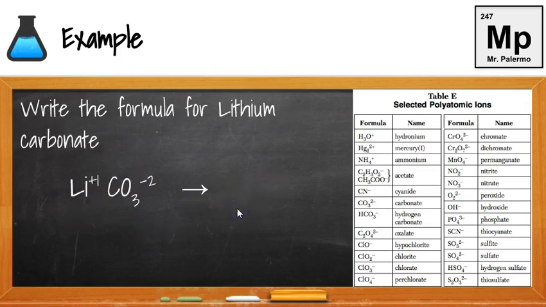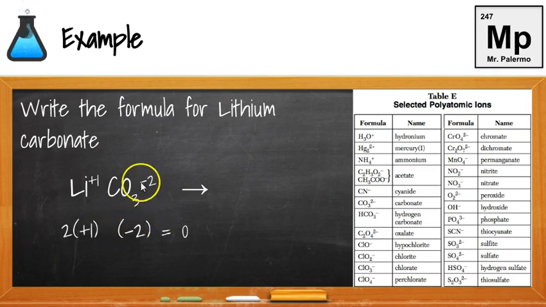Let's see another example. Let's write the formula for lithium carbonate. So again, I'm going to write the chemical formulas here. Li, lithium, is a +1 charge from the reference table. And then carbonate, I locate carbonate, which is here, and it's CO3 -2. So I put that there.